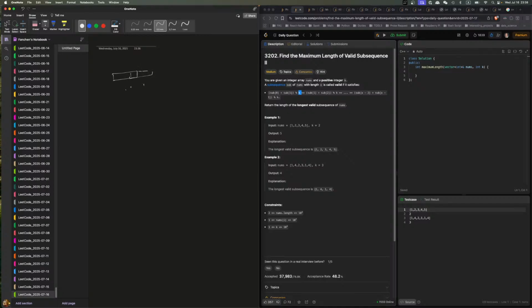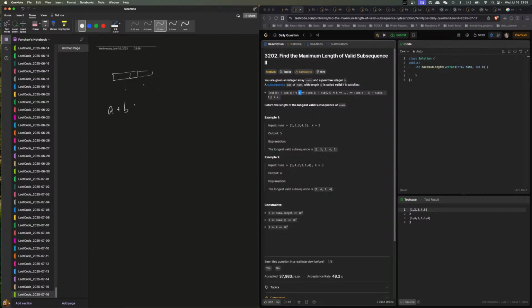What's the property if you have the same remainder? The property is, I don't know, if A plus B, maybe there's some modulo stuff here, but I don't remember.